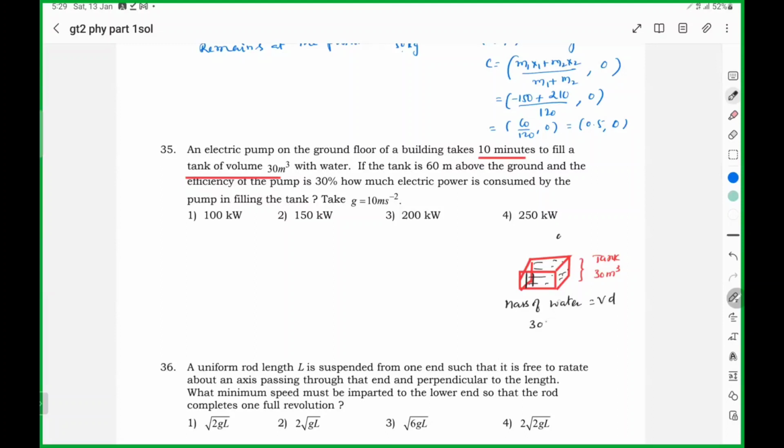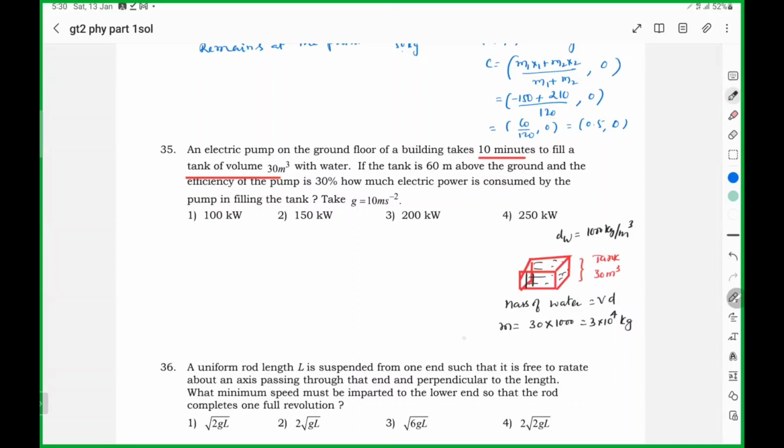The density of water is 1000 kg per meter cube, so the mass is 3 into 10 power 4 kg. This is the mass of water which has to be lifted from the ground.